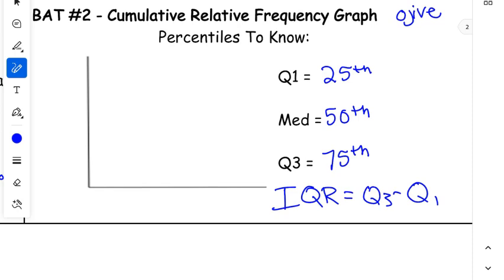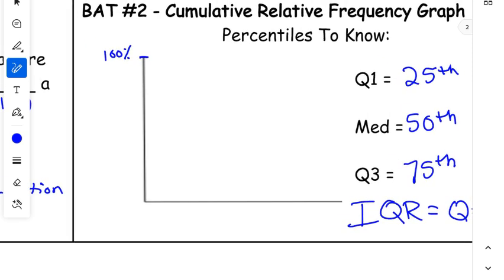So for your ogive, the y-axis is going to go up to 100%. Or we could say it's 1. Depends on if you're writing it as percents or not. And then we'll label it percentile.